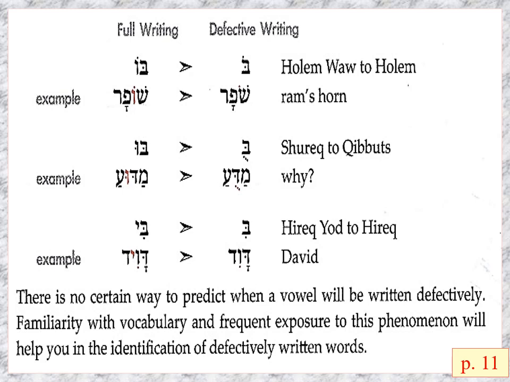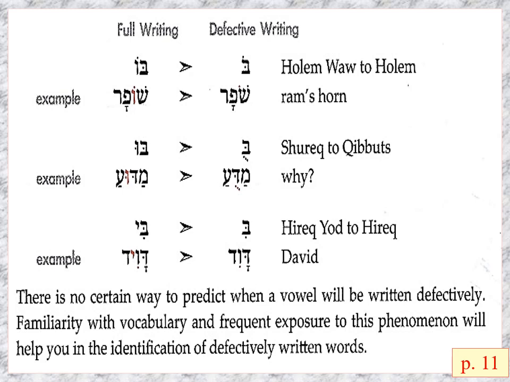Shofar. Same with, say, instead of what we expect, a shurek, like with madua. We might see it with the shurek, madua, or we might see it with the kibbutz, madua. Notice that for the dagesh in the dalet, it's a dagesh forte, mad-dua.